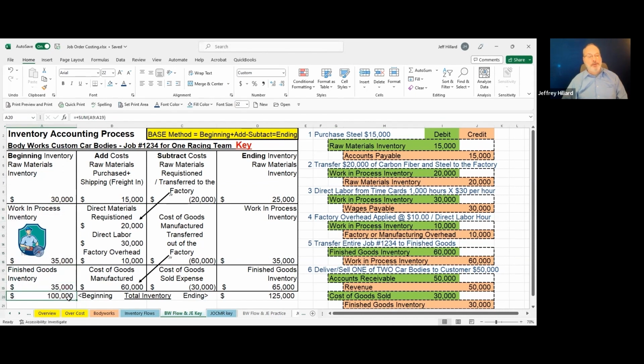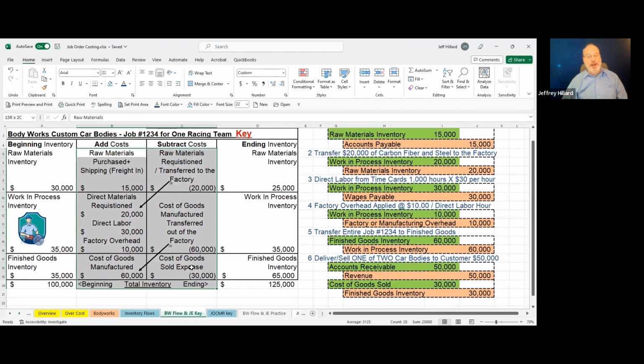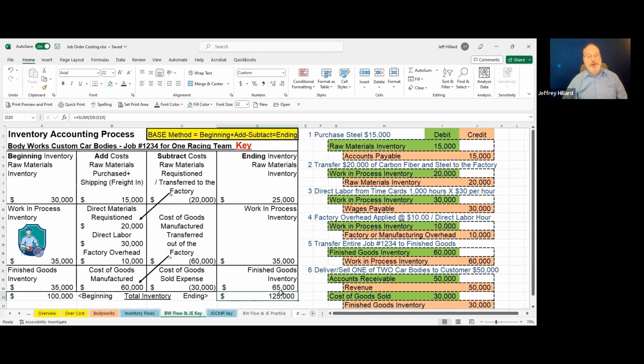We began with 100,000 of inventory. As a result of these transactions, our ending inventory has grown to $125,000.